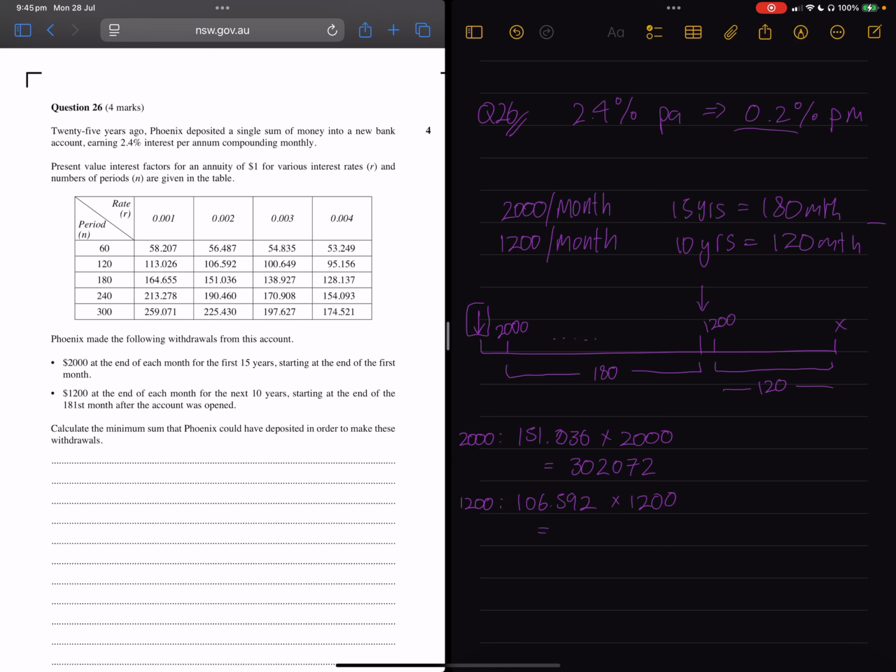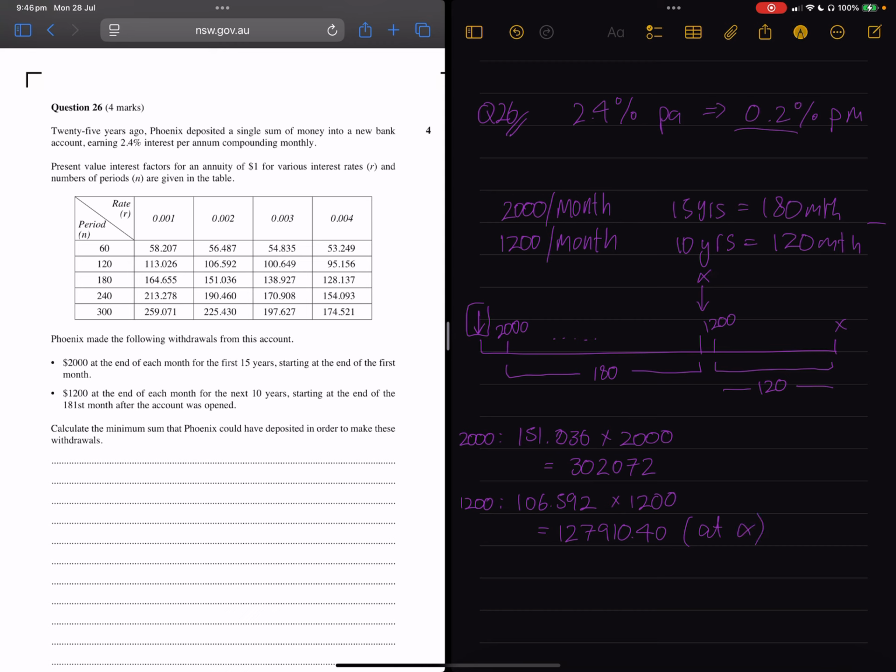Multiply that by 1,200. 106.592 times 1,200, the calculator tells me, is 127,910.40. But this is at, let's call this period alpha.